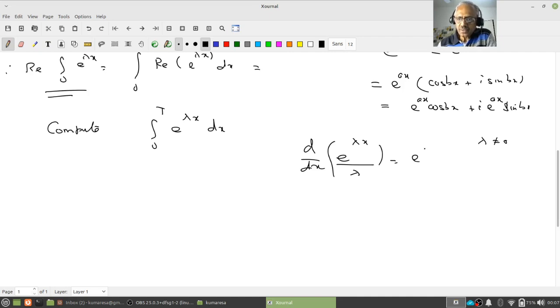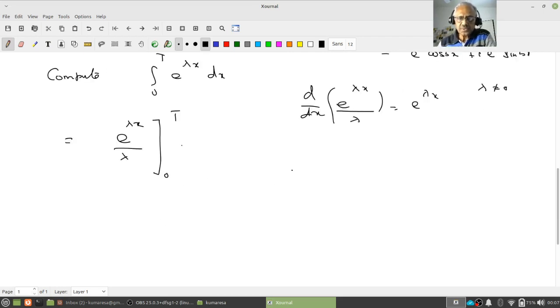Therefore this is nothing other than e power lambda x by lambda evaluated between 0 and t. Have you understood this? Make sure you see that this is a beautiful thing.